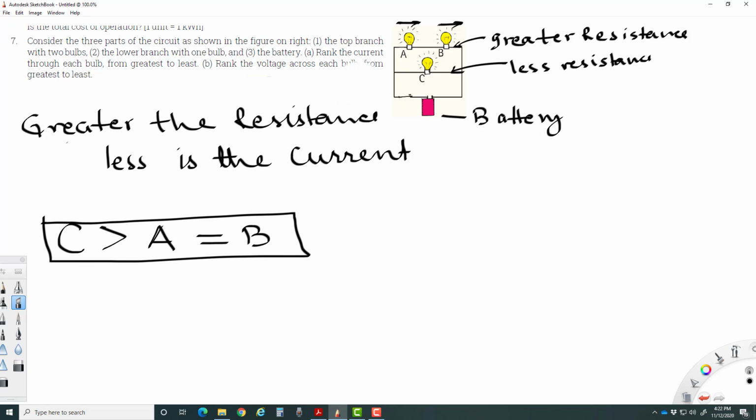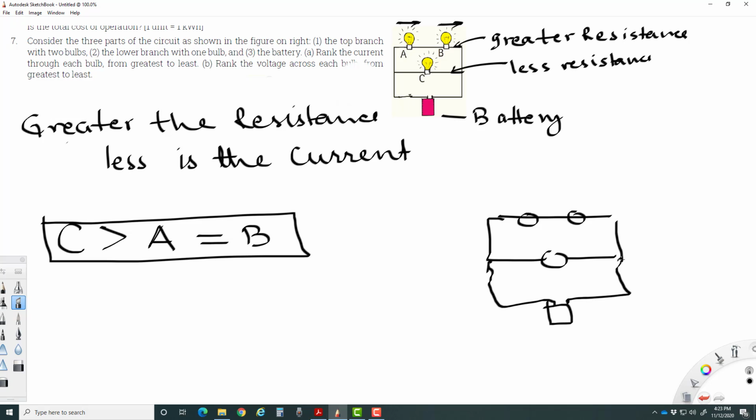For the voltage, when the things are in parallel, the parallel branches get the same voltage, meaning the voltage of the battery here will appear across these 2 points.